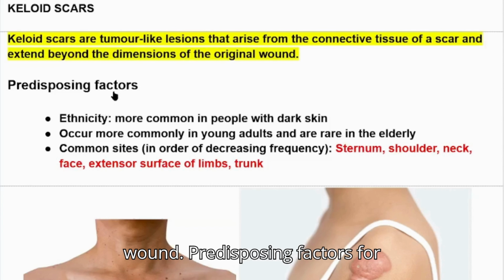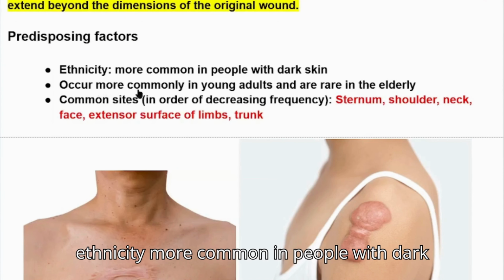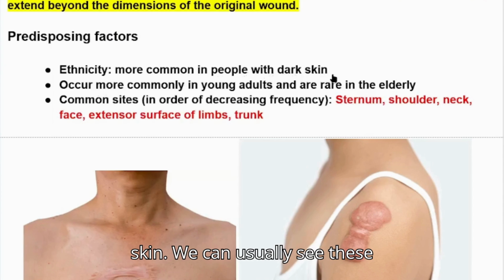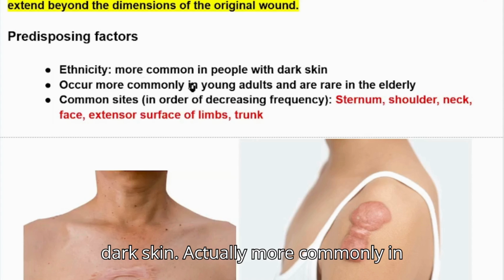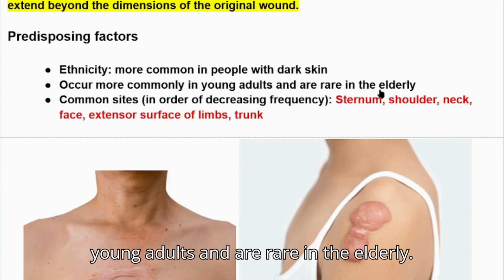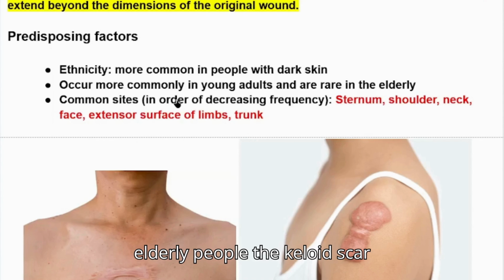Predisposing factors for keloid scar formation include ethnicity; they are more common in people with dark skin. They occur more commonly in young adults and are rare in the elderly.